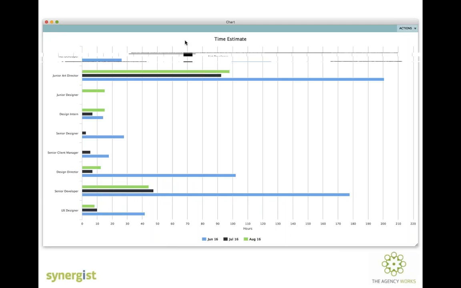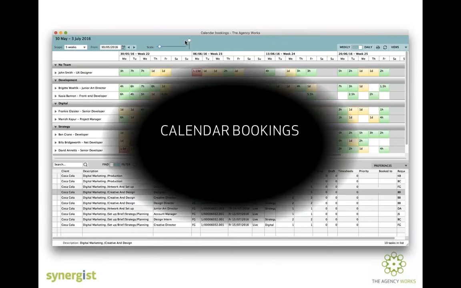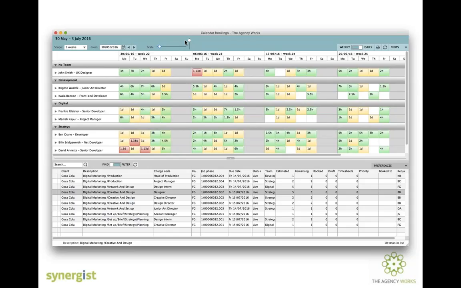Okay, so the next area is the scheduling that I've mentioned. Again, whether you do this in Excel, whether you do it verbally, whether you literally shout across the room, or whether you have an internal meeting at the beginning of the week to say, these are the hours we've got, this is what the jobs are, this is who needs to do it.